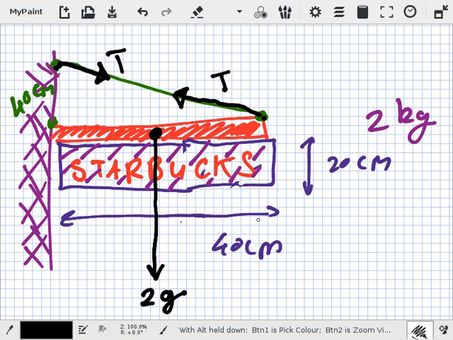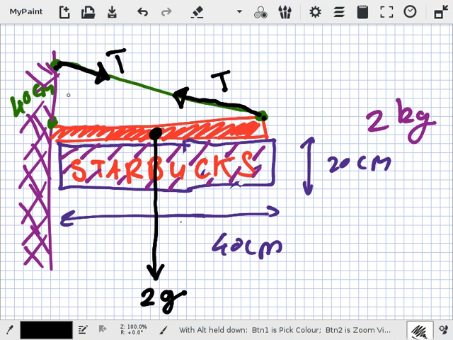Because it's not in contact with the ground here. But it's getting pulled by T. Well, that's already considered in the T. Should I go up, down, left, right? No one's going to tell me?